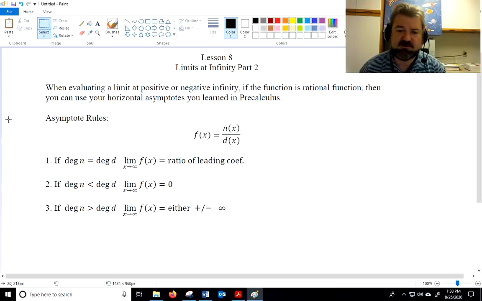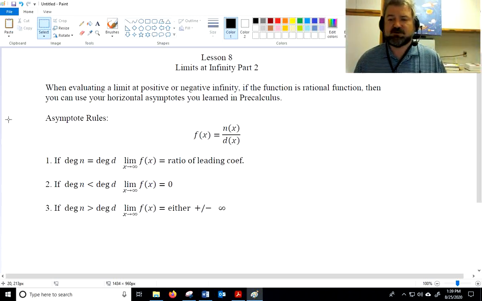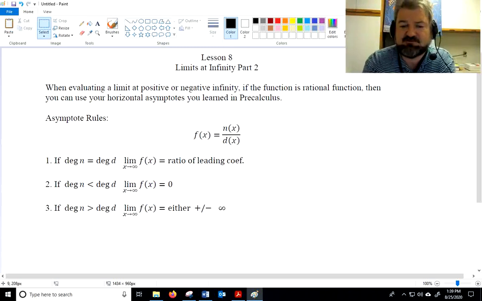If the degree in the numerator is smaller than the degree in the denominator, then the horizontal asymptote is 0. And if the degree in the numerator is greater, then there is no horizontal asymptote. I've just updated those rules for calculus because we know that a horizontal asymptote is simply a limit as x approaches either positive or negative infinity.